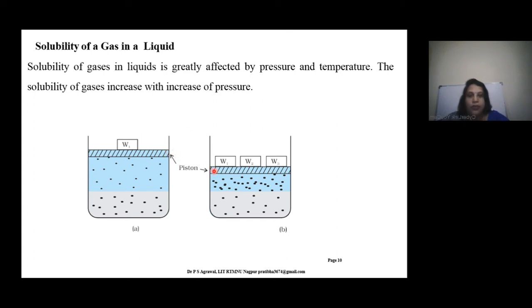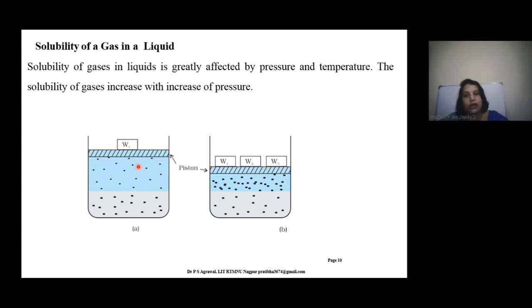Piston lowered means pressure is increased, meaning we are compressing the gas to a smaller volume. It will increase the number of gaseous particles in the solvent. The rate at which gaseous particles strike the surface of the solution to enter it increases. So solubility of the gas will increase till a new equilibrium is reached with the increase in pressure.